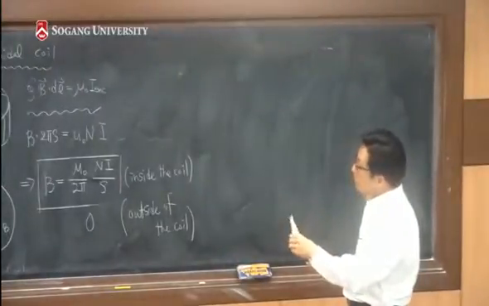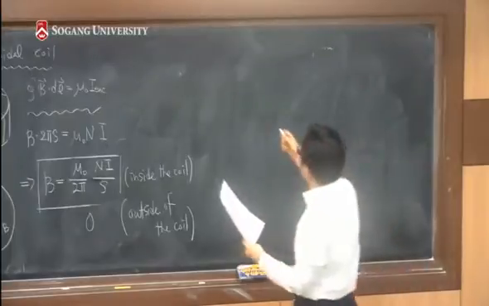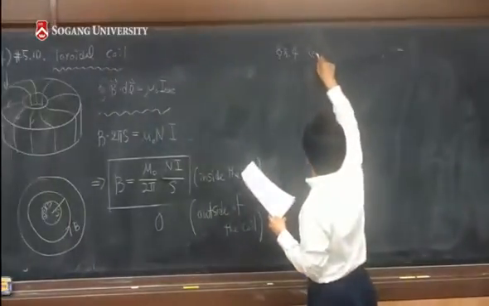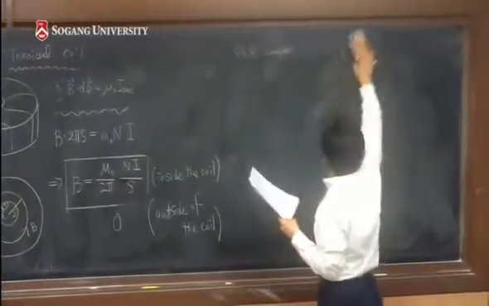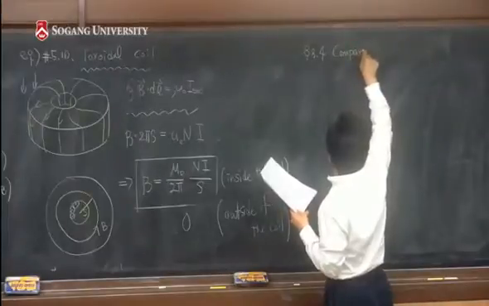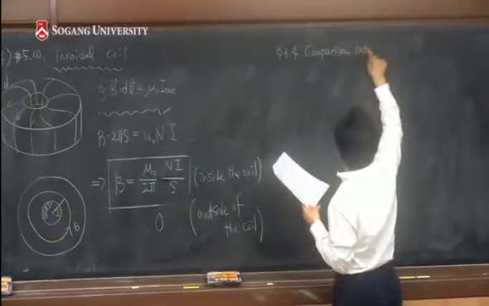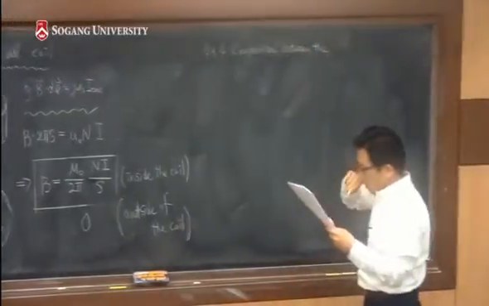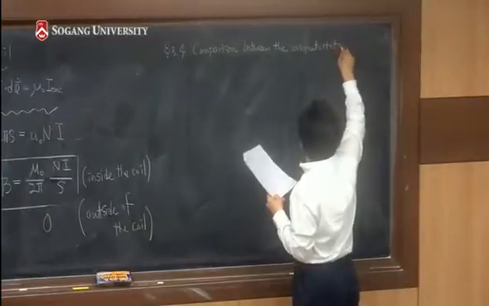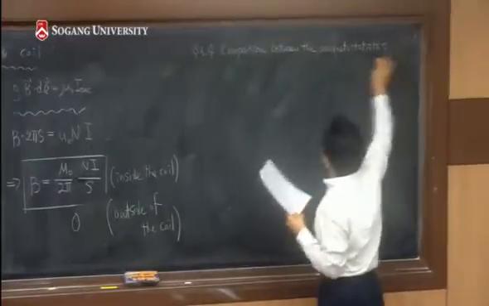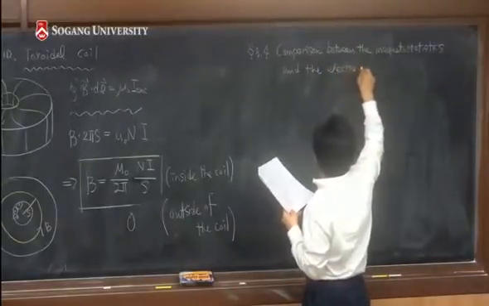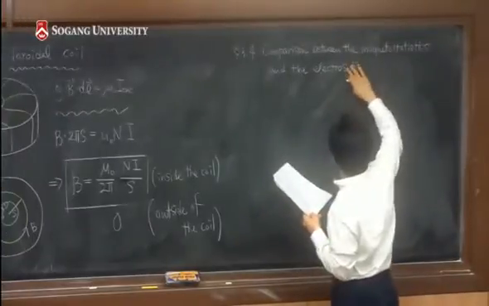Let's go into the next section, 3.4, which is about the comparison between magnetostatics, sorry, it's not statistics, static, and dynamics.